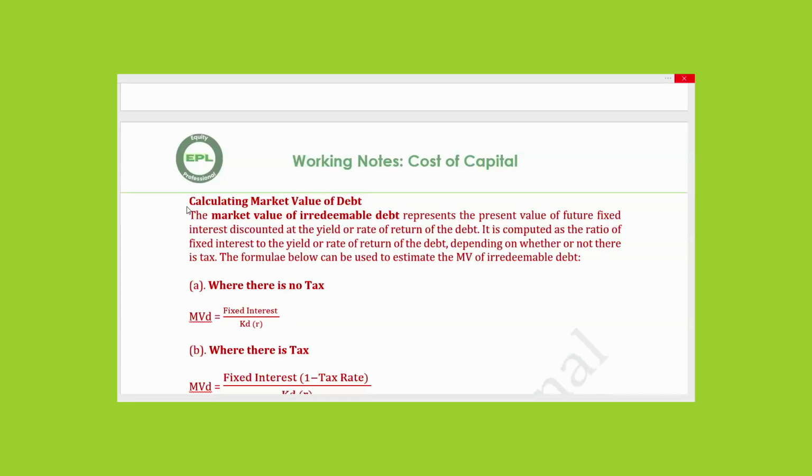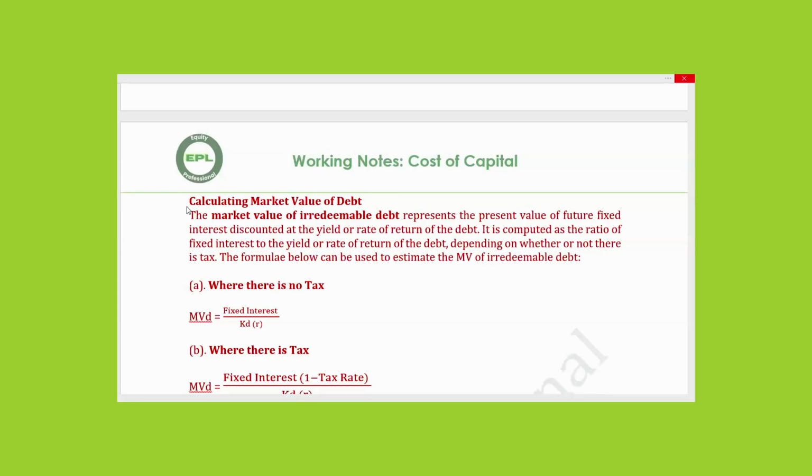Examples of traded debts include bonds, debenture, and then loan notes. Then we said that non-traded debts are the securities that cannot be bought or sold in an organized financial market. That is, they are not tradable. And we said examples include bank loan as well as overdrafts.